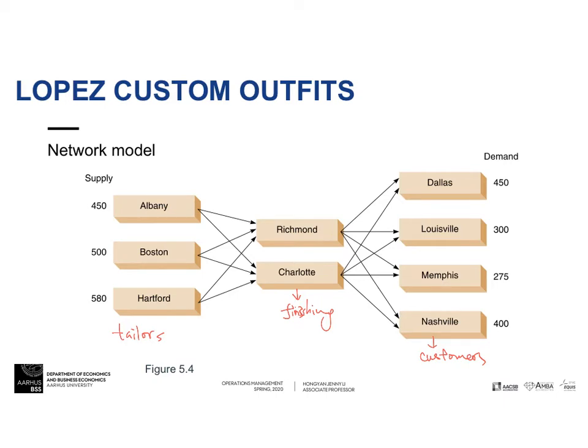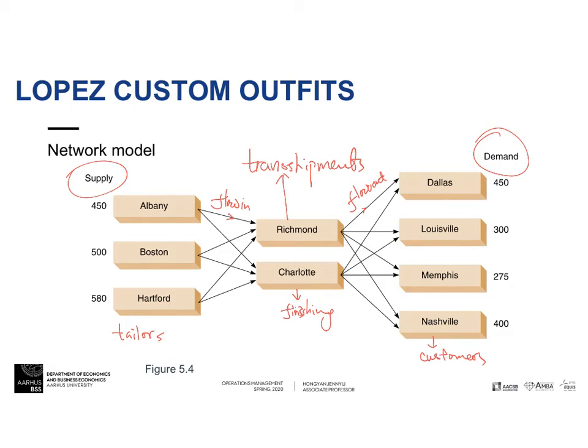Apart from the supply nodes and the demand nodes, in this network we also see a new type of node. This is called a transshipment node. In these nodes, you can see there is both flow in and flow out.